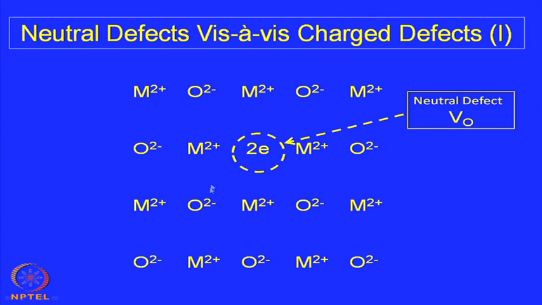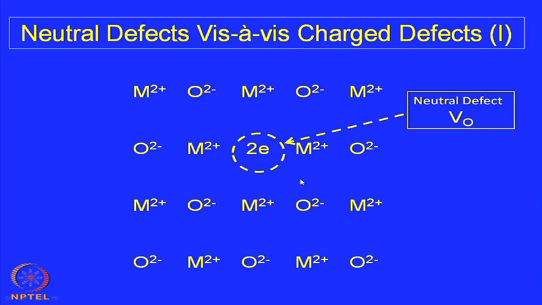Just like metal ions are charged ions, or the oxygen ion is a charged ion, while a normal metal atom is not a charged one. Similarly, since we are talking about an ionic lattice, there is a possibility of what we call charge defects or neutral defects.